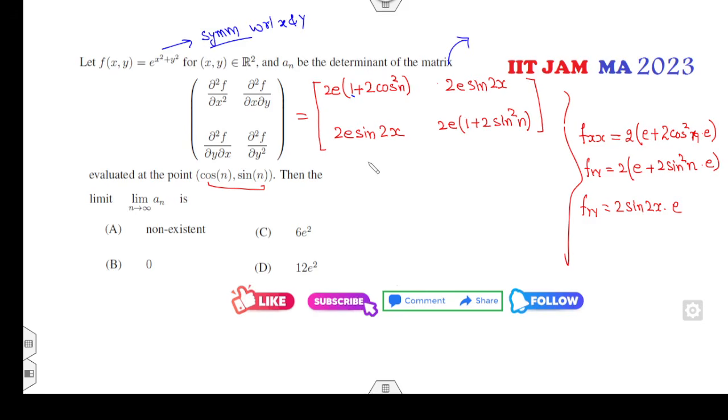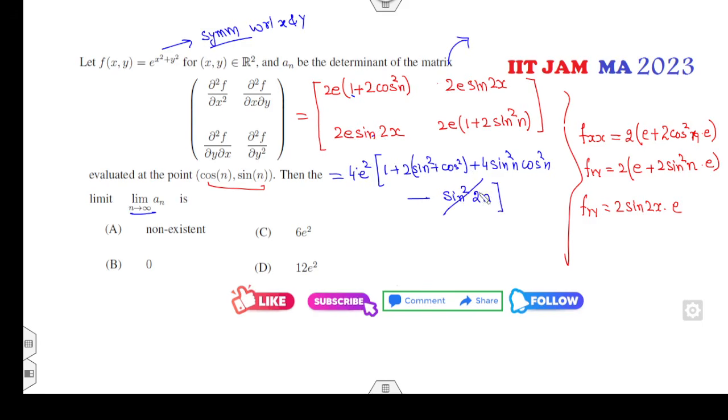Fine, anyhow, so how can you find the determinant? Evaluate the limit as n approaches infinity. So let's take out its determinant: 4e square times (1 plus 2 sin square n) (1 plus 2 cos square n), plus 4 sin square n cos square n, minus 4e square times sin square of 2n.